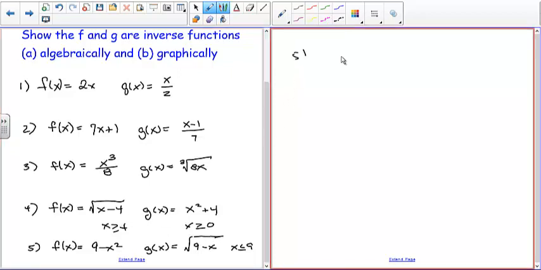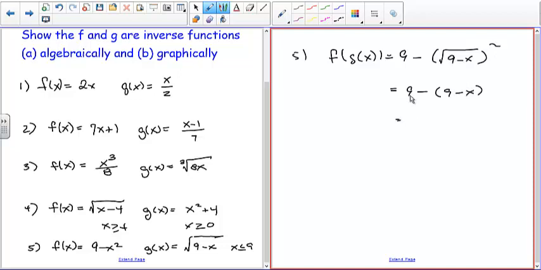Okay, so we'll do 5 analytically first. So we've got f of g of x. So we have 9 minus x squared. For x squared, we put in the square root of 9 minus x. So the square root of 9 minus x squared is just 9 minus x. So this cancels out with that. And then we have a minus, so that becomes plus. So it's plus x. And then we have g of f of x.